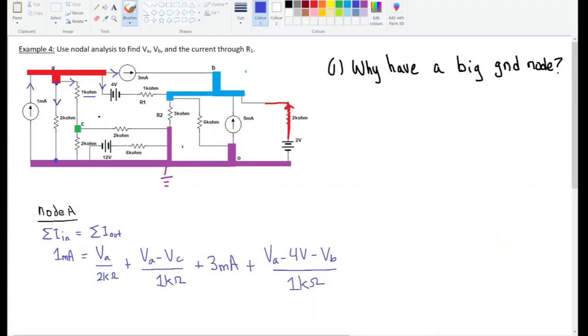So we accounted for this one, we accounted for this one, yes, we counted for that, we counted for this, so I think we're good. So 1, 2, 3, 4, it's always good to count. So here's one current coming in, and we have one term, 1 milliamp. We have 1, 2, 3, 4 currents leaving, and we have 4 terms here, so we're good.